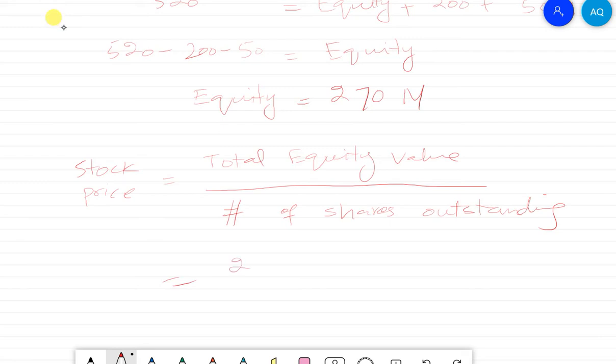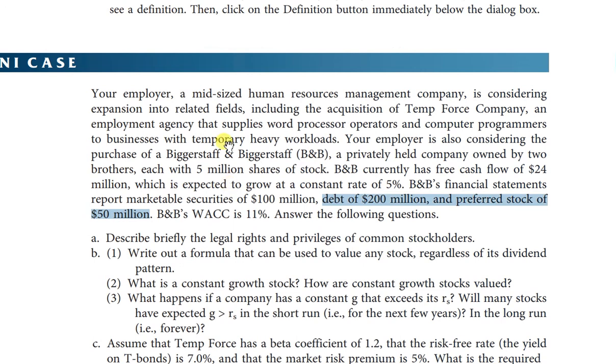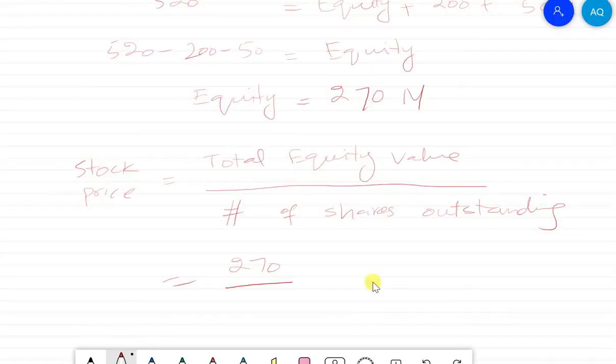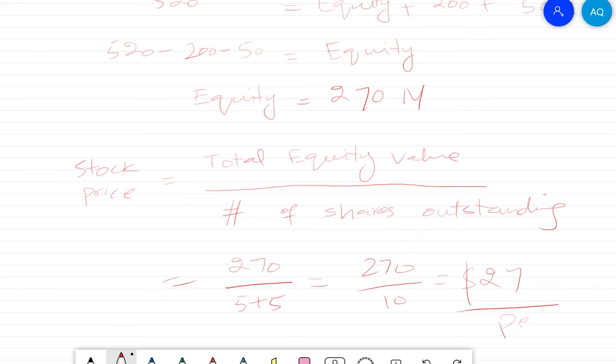Total equity value is 270 million and the number of outstanding shares we can get from here. A privately held company owned by two brothers, each with 5 million shares of stock. So there are total 10 million stocks and the stock price will be $27 per share.